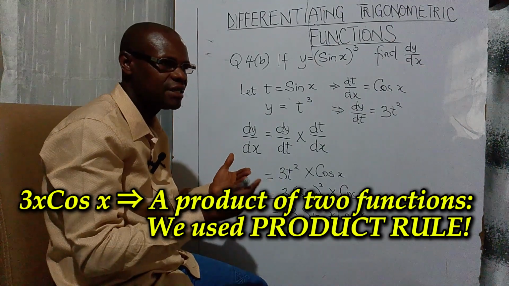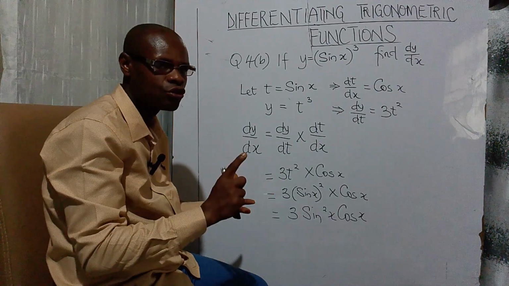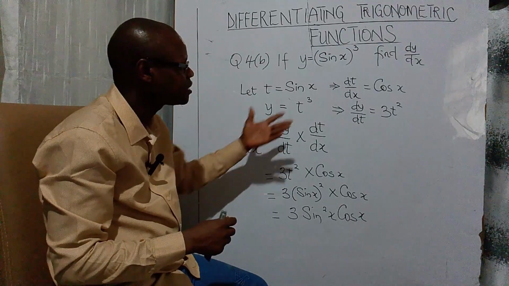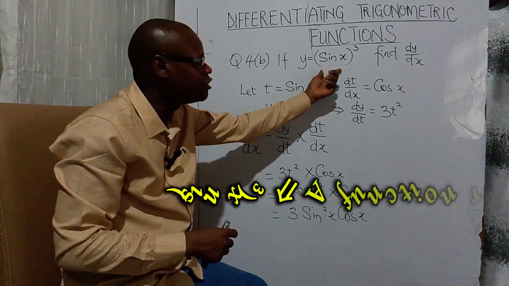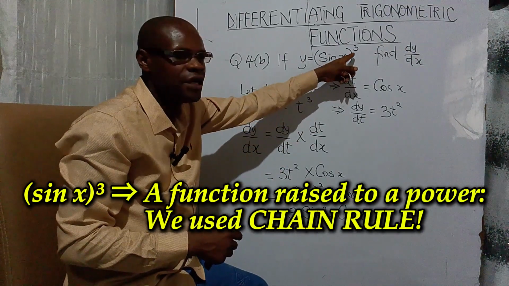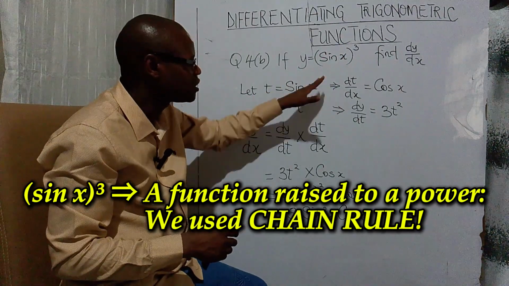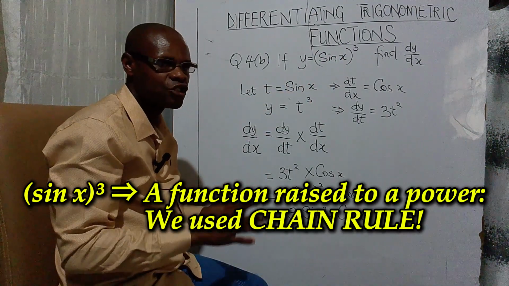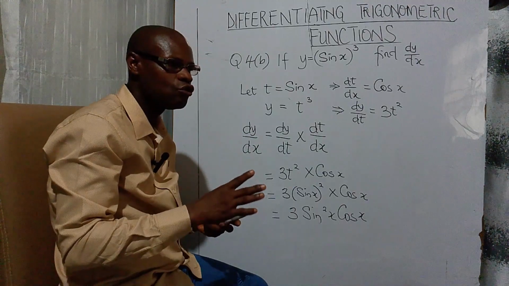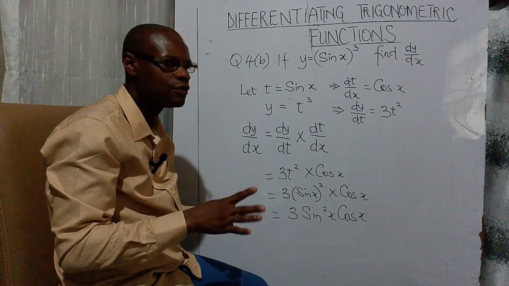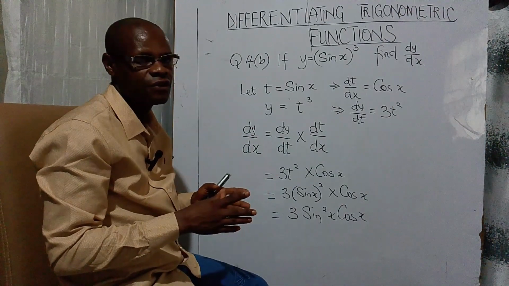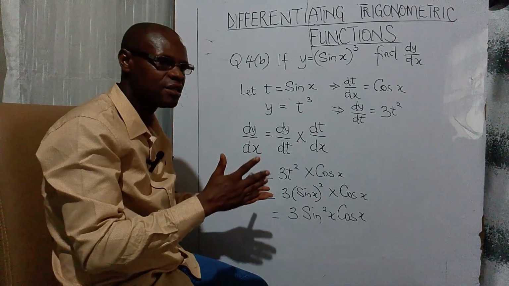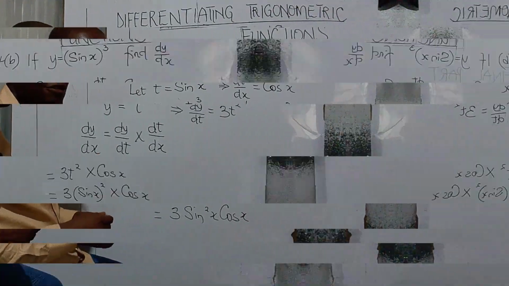So in that case, we make use of product rule. And in this case, we have a function being raised to a power. So once you see something like that, we apply chain rule. So make sure you don't make the mistake of confusing yourself of when to use product, quotient, and chain rule.